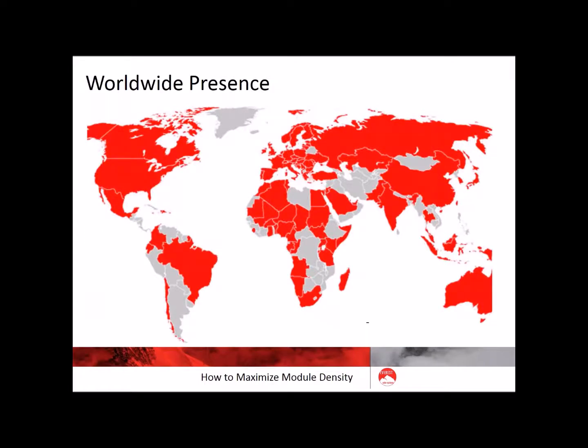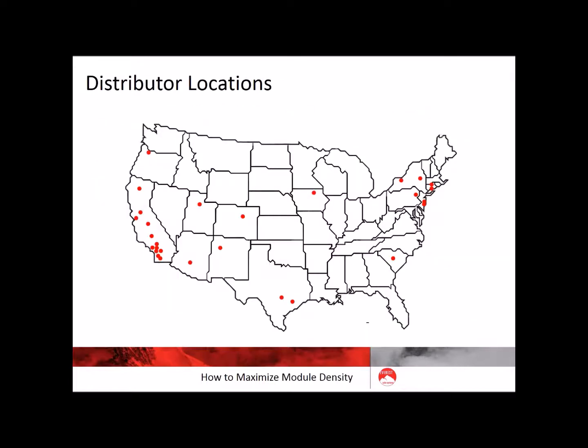We have a worldwide presence with a little over 5 gigawatts installed in a little over 100 countries. This list is constantly growing as a lot of countries are looking towards using solar to handle their electrical needs.